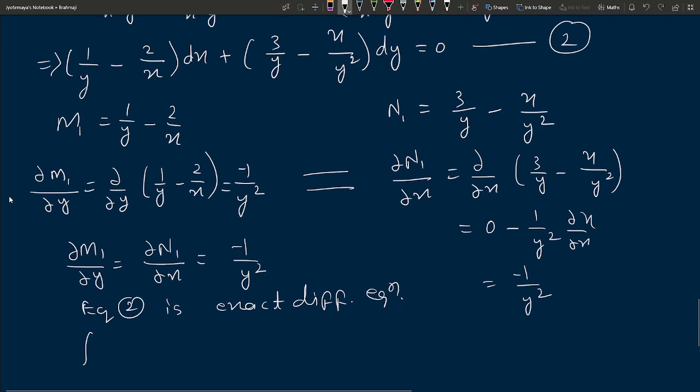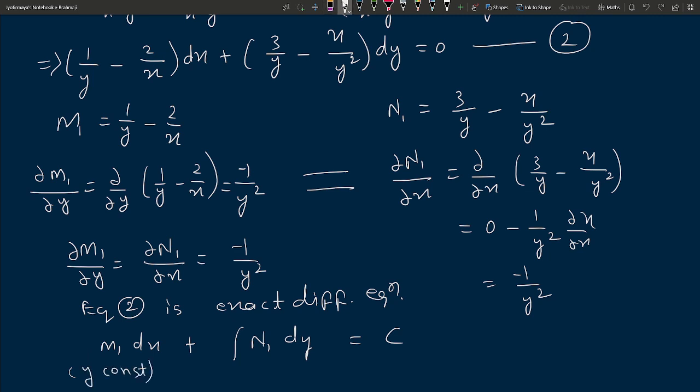Its solution is integration of M1 dx plus integration of N1 dy equal to c, treating y as a constant in M, and in N taking only the terms without x.